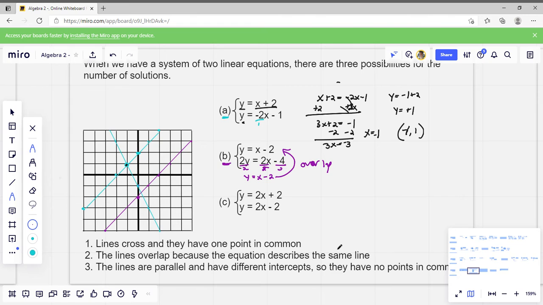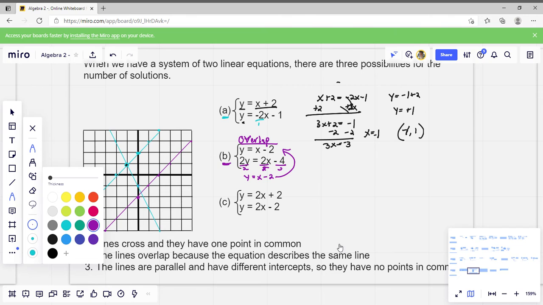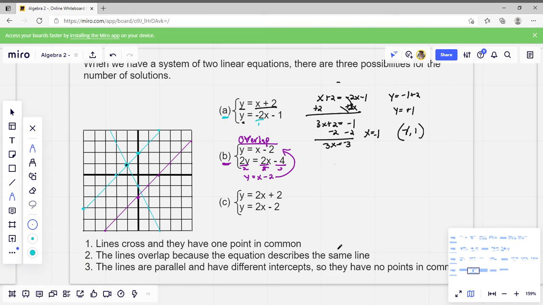They overlap. Write that better. One is right on top of the other one. They're the same line. Alright, now if we went to solve that by using substitution, say that we took this bottom equation, 2y equals 2x minus 4, and we substituted that in for x.